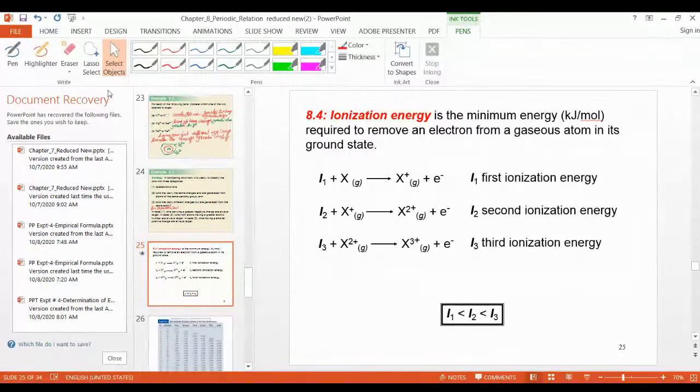Suppose you have a nucleus, and you have these shells with electrons here. The ionization energy is the energy which hits the electron so that the electron moves out from the shell.